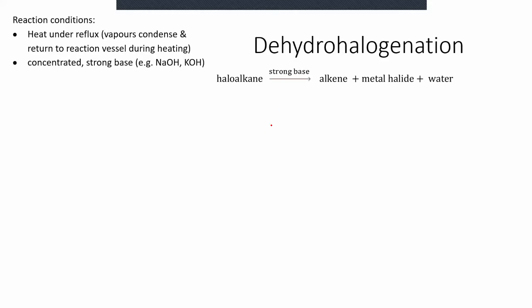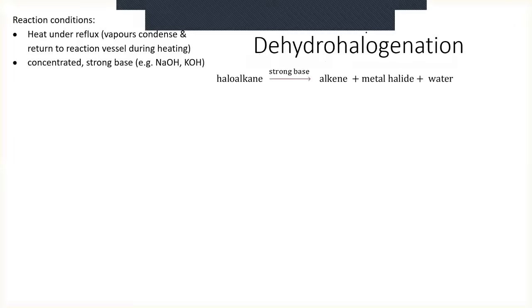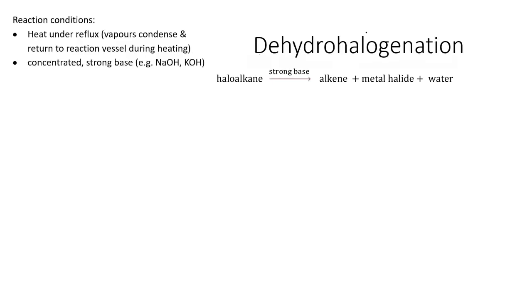The name pretty much sells itself away. Hydro, you're gone. Halogen, you're gone. Dehydrohalogenation: the removal of a hydrogen and a halogen from a haloalkane. Thank you so much for that one.